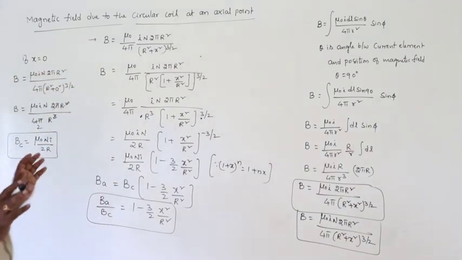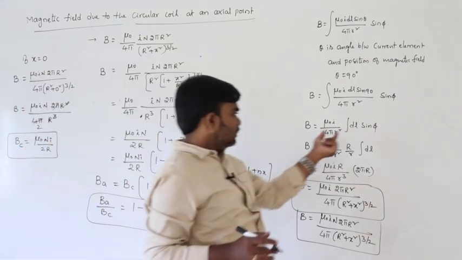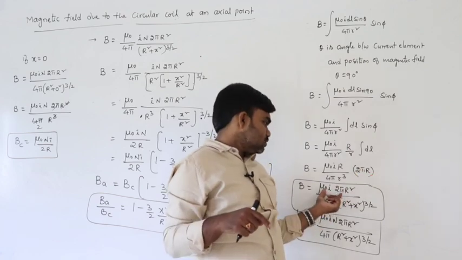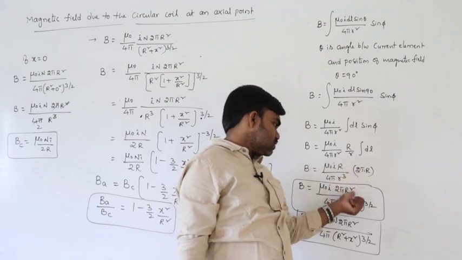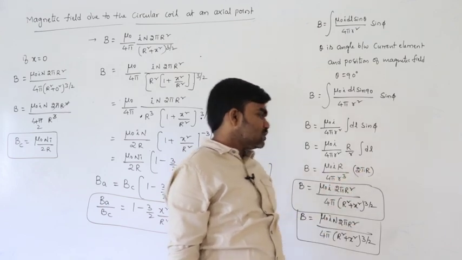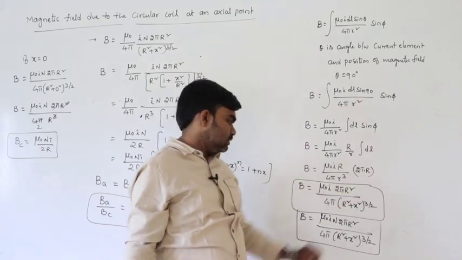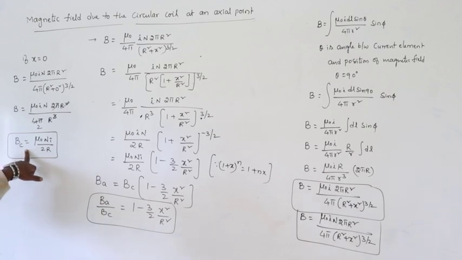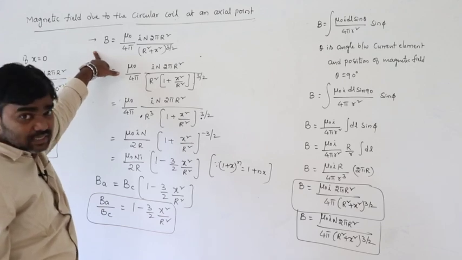So it is a complete mathematical derivation. The main thing here is that the integral of dl is 2 pi r, the total length of the circle. That is why this formula will come, mu naught I 2 pi r into r square divided by 4 pi into r square plus x square, where r is the radius, using the Pythagoras theorem. Based on that, if x equals 0, that becomes the center point, or otherwise at any axial point, that is x less than r.